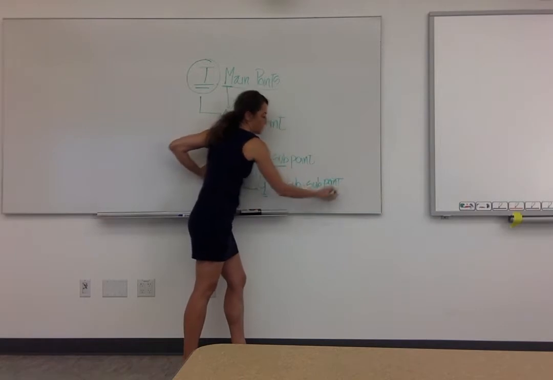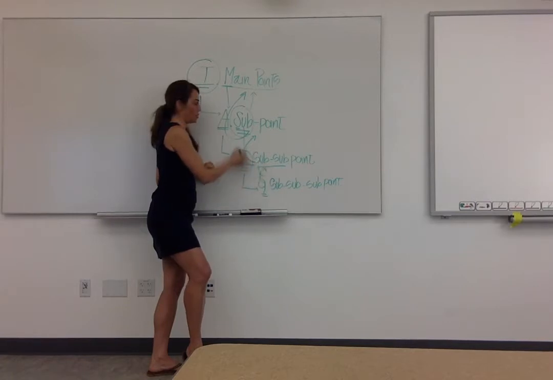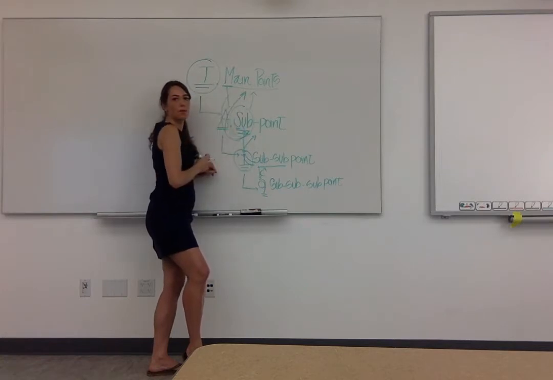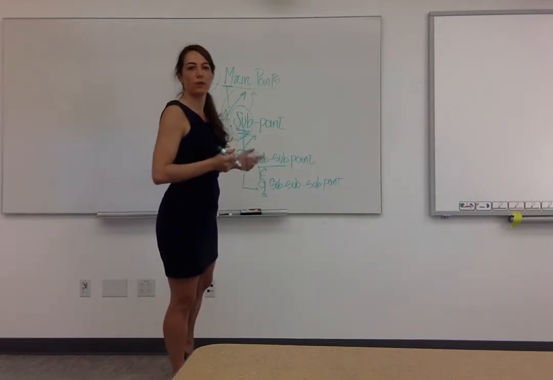And the subpoints' jobs are to support the, everybody with me? Subpoint. Good, which is used to describe the? Subpoint. Which is used to describe the? Main point. Which is all used to support the? Central idea. Yay! Fantastic.